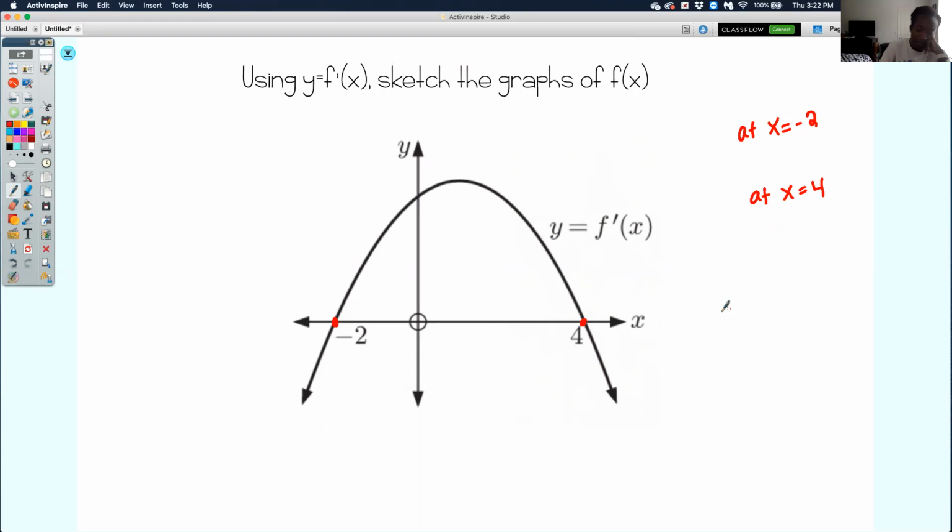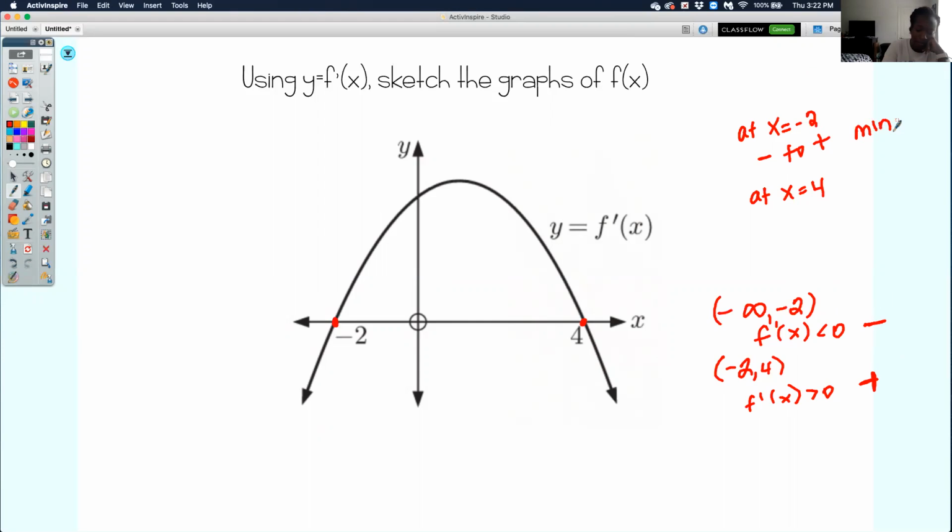From -infinity to -2, our graph is less than 0, okay? Which means that the first derivative is negative. But then from -2 to +4, the first derivative is greater than 0, which means that it's positive. So that means at -2, if we go from negative to positive, we're going to have a minimum on our original function.